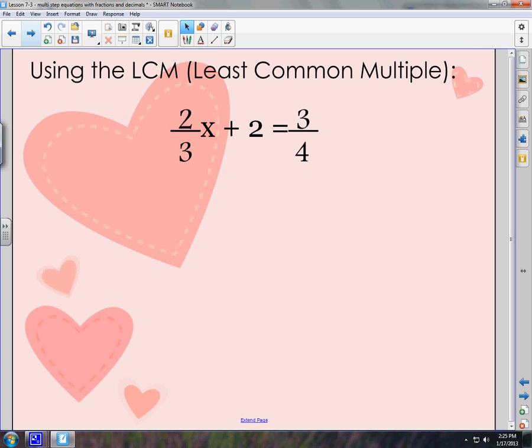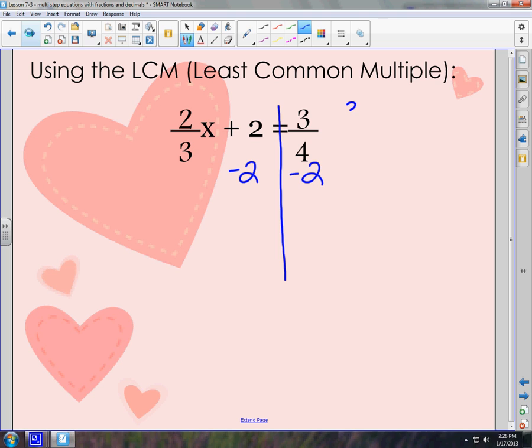All right, so this one is a little bit different because I have to find common denominators by using the LCM, the least common multiple. If you remember that, you have to find common denominators to add and subtract. So I'm going to draw my line, and I'm going to minus 2. But I can't minus 2 from 3/4.